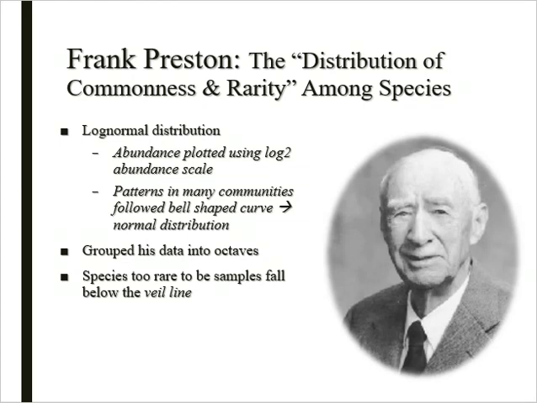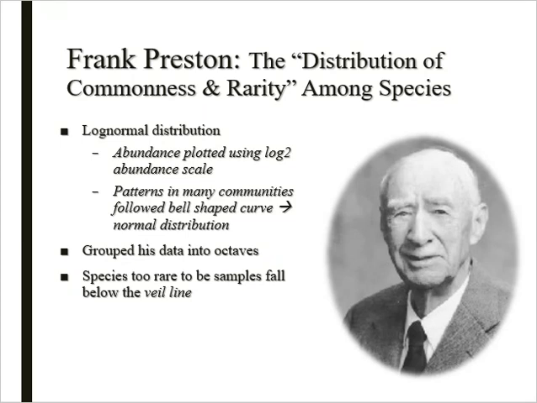Now, in general, most species are moderately abundant in a community. Few are very abundant or extremely rare. But abundance patterns in general can be skewed, meaning there are some that are a little more abundant than others, or maybe rare and underrepresented compared to the majority of the community.